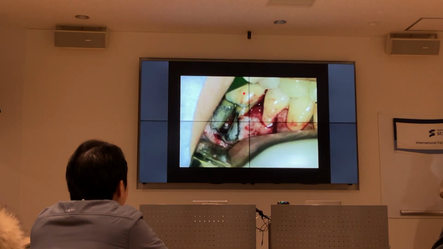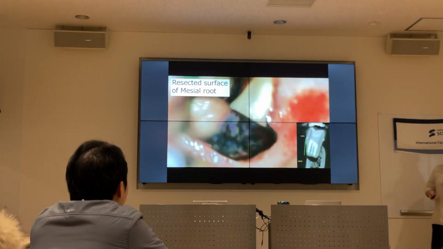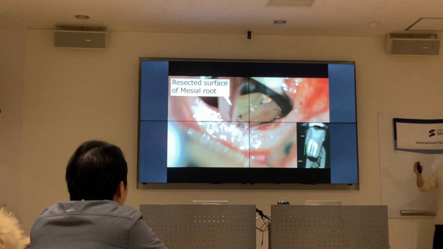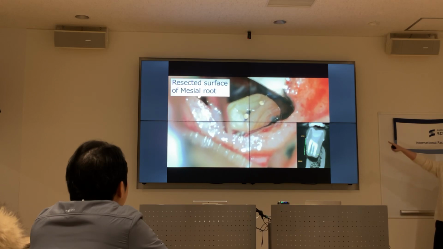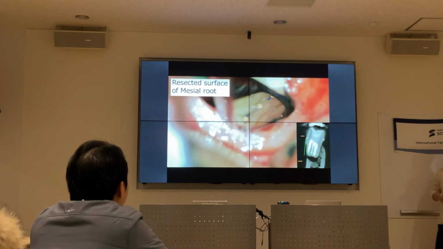Then this is a real case. At first, resection of the mesial canals. This is just after resection of the mesial canals. Here are the three canals in the mesial root, and between the canals here is an isthmus. It's a very clear view.